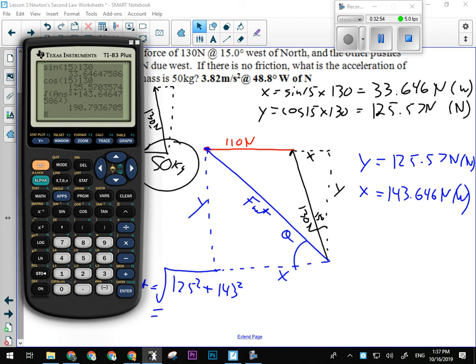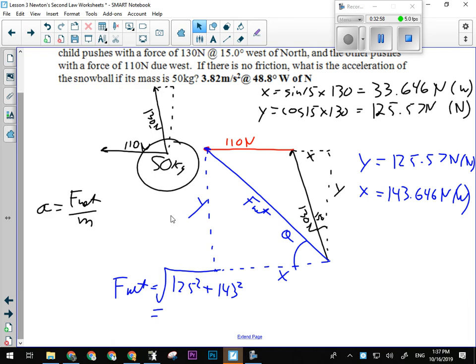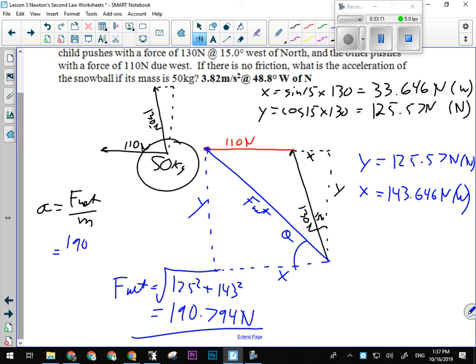So we're looking at a net force of 190.794 newtons. Now that I have that, I can calculate the acceleration. So I've got my net force, 190.794, and I divide that by the mass of the snowball, 50. When I do that, I should get 3.82 meters per second squared.